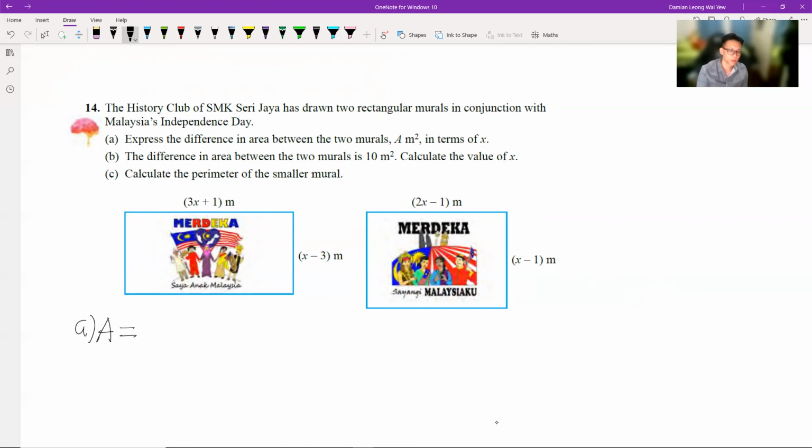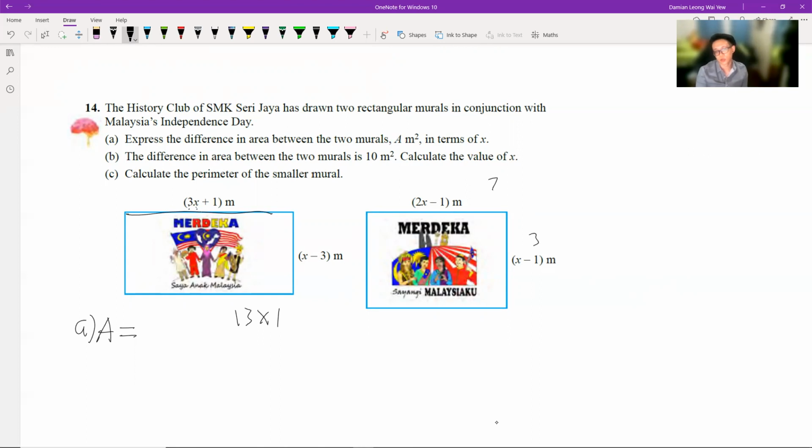So when it's at least 4, 3 times 4 plus 1 compared to 2 times 4 plus 1, the impact will be bigger here. So for example, if I put 4, then it will be 13 times 1. If I put 4 here, 8 minus 1 is 7.